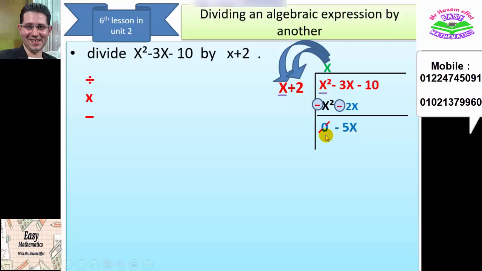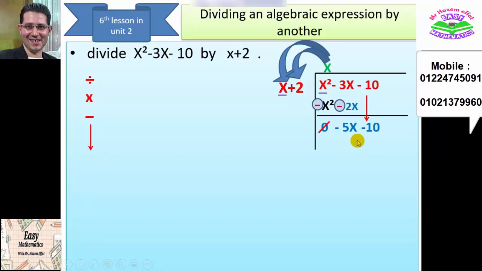Now we can cancel the 0 because it hasn't any value. And the fourth step, we must bring down negative 10. This is the fourth step.